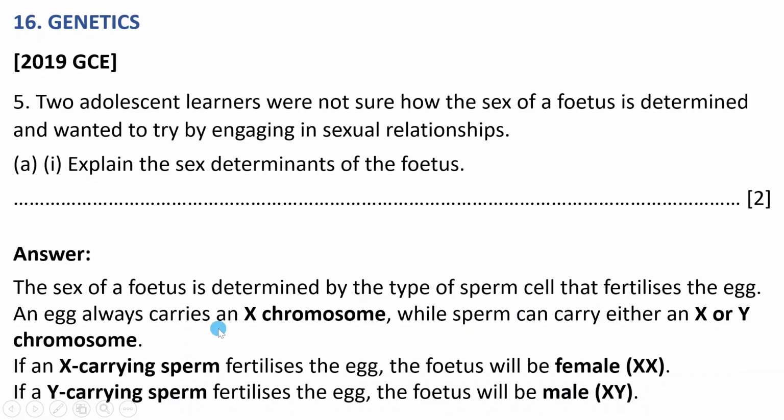An egg always carries an X chromosome, while sperm can carry either an X or Y chromosome. So if an X carrying sperm fertilizes the egg, the fetus will be female, XX. If a Y carrying sperm fertilizes the egg, the fetus will be male, which is XY. So this is how the sex of the fetus is determined.